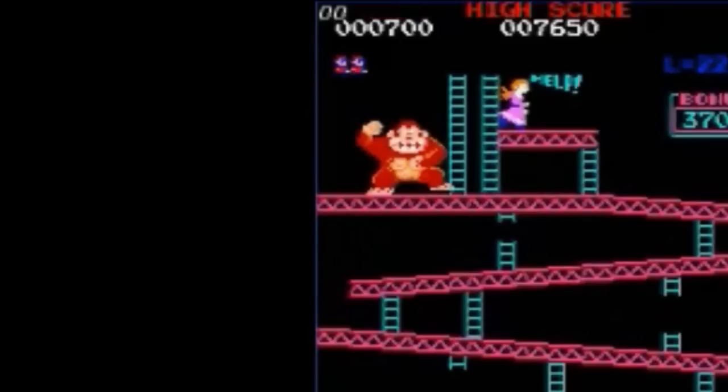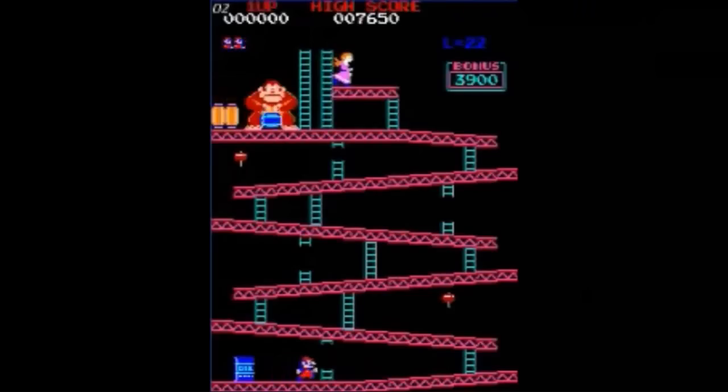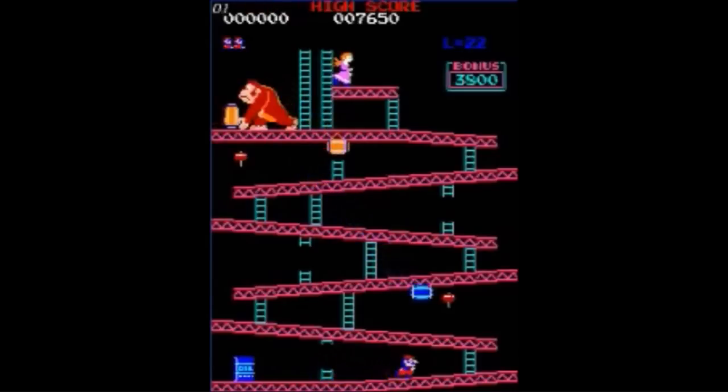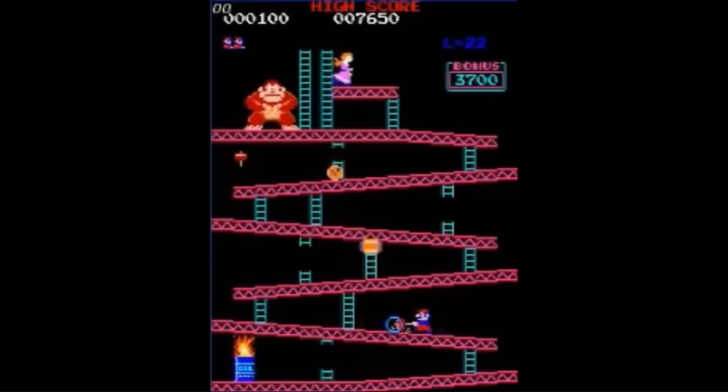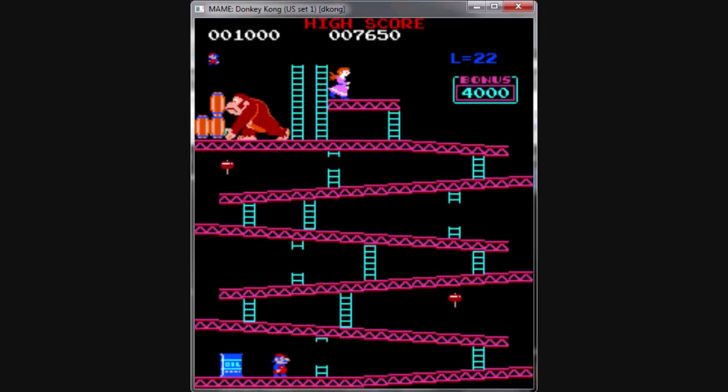And unfortunately, what happens is players end up having trouble with the 7-second timer. It's because players only get 400, and when the timer reaches 0, Mario dies. And that's what causes the Donkey Kong kill screen.